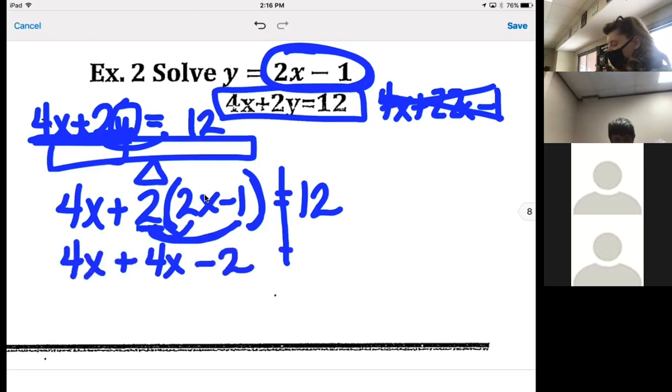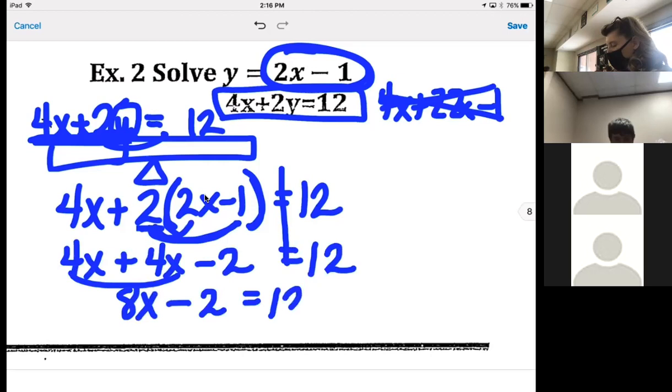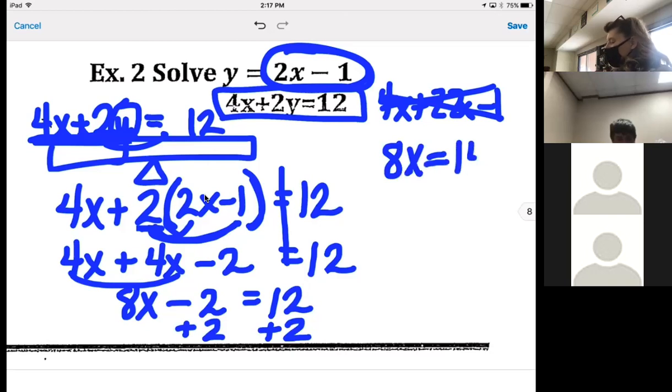And then you can just add the like terms, so these guys get together. And now we can add 2, we get 8, then we're going to be able to divide by 8. Correct. So we get x equals 7/4.